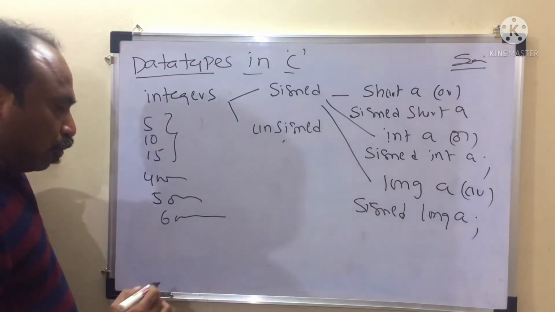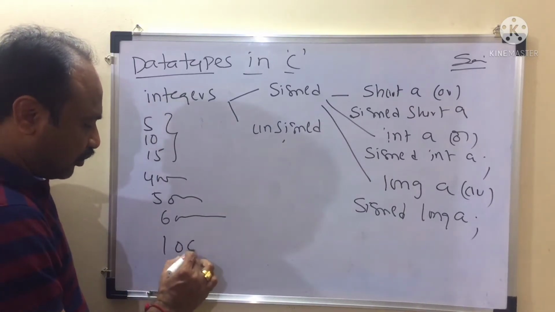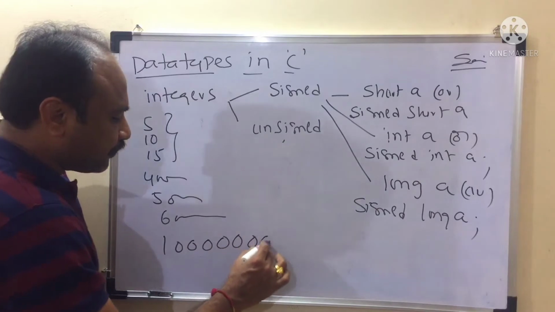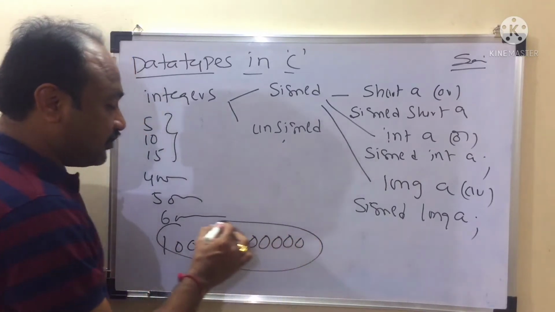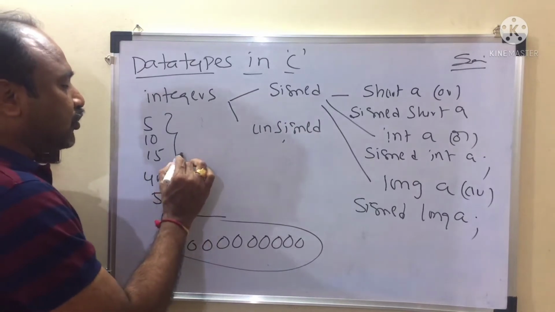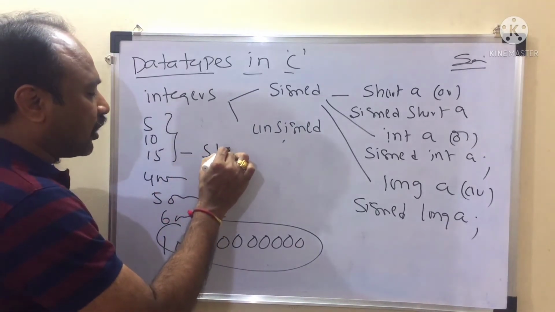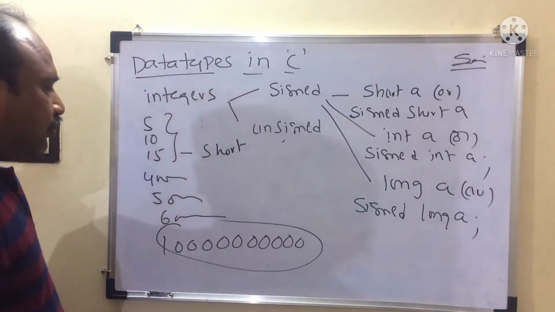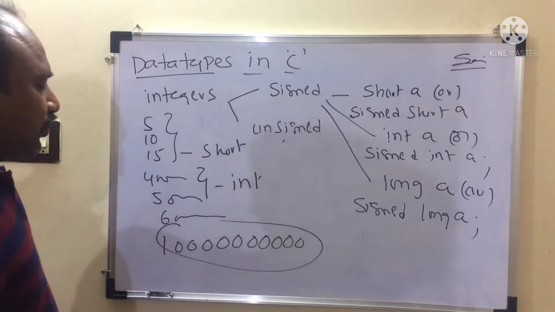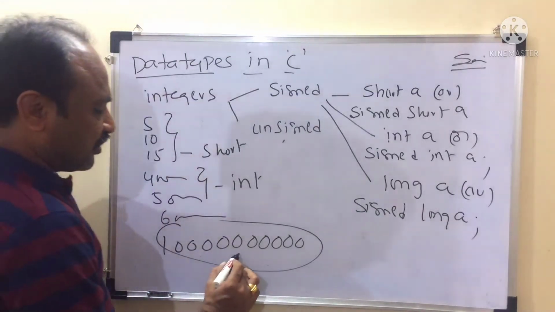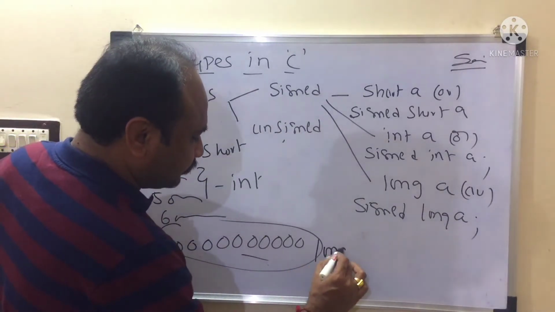In some cases I have to work with big values, like 1 crore, 10 crores. This is a larger integer value. To work with small integers, we use short. To work with medium integers, we can use int. To work with larger integer values, we have to use long.